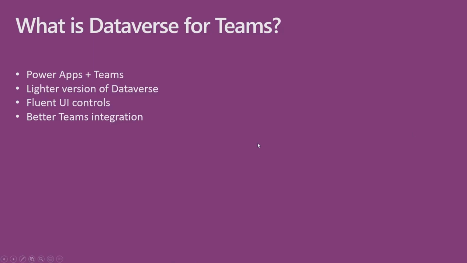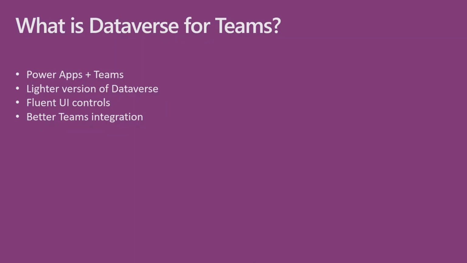I consider Dataverse for Teams, or I like to call it, the lighter version of Dataverse. And I don't mean that in a bad way, but some of the capabilities of full Dataverse, like row level security and some of the complex fields like polymorphic lookups, don't exist in Dataverse for Teams. So it is a lighter version, but I still think it's awesome because it's a relational database.